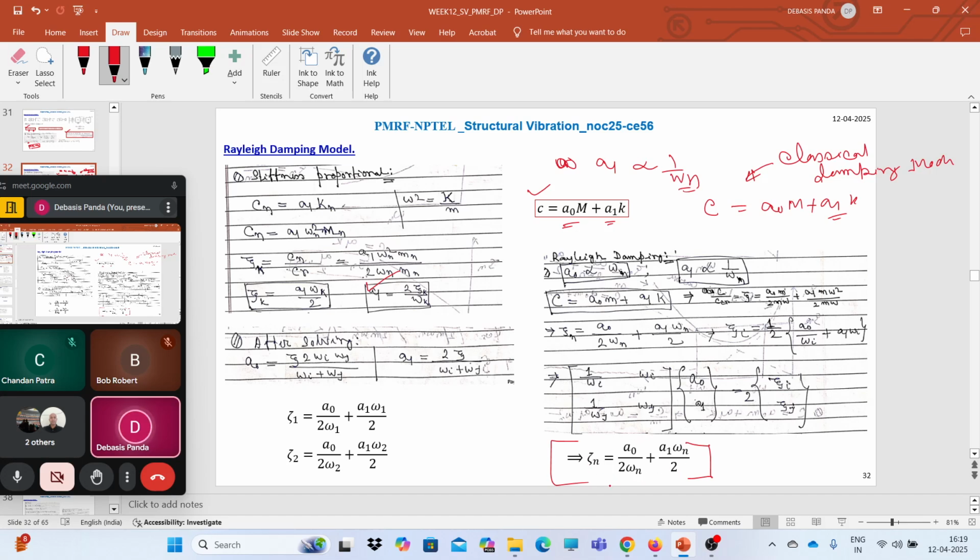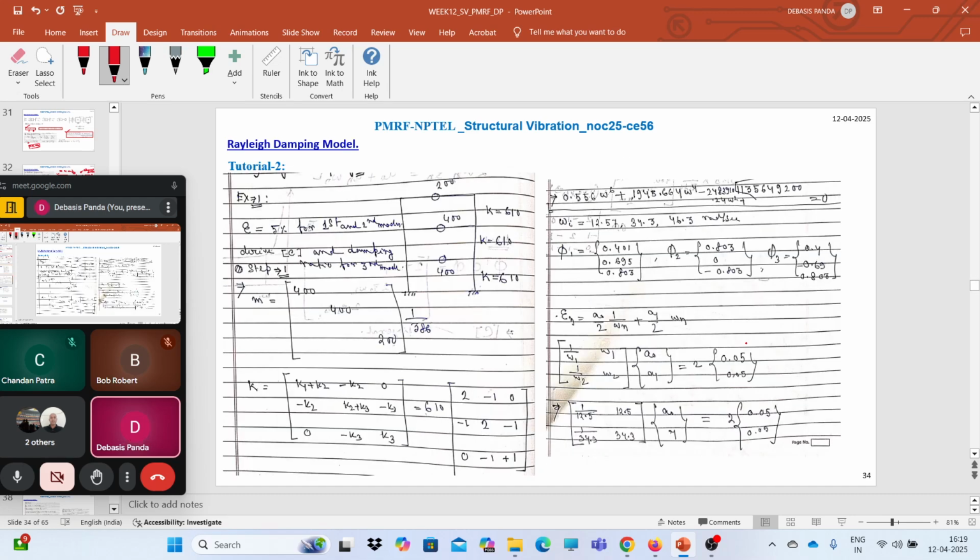We have calculated A1 and A naught, found out their values, and equated them in this equation. That means A naught is proportional to 1 by omega n, and A1 is proportional to omega n. The structure will look like 1 by omega i, omega j times A naught, A1 equals, with this 2 coming to this side, 2 times zeta 1, zeta 2. From this formulation, obviously problems will come in your final exam. So you need to recall this formulation, and learn how to solve these equations easily.